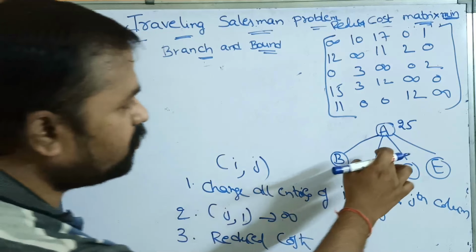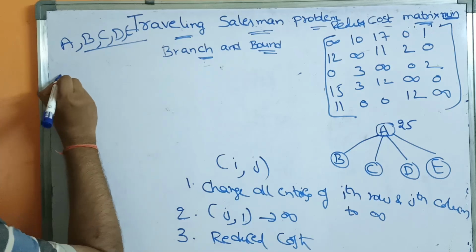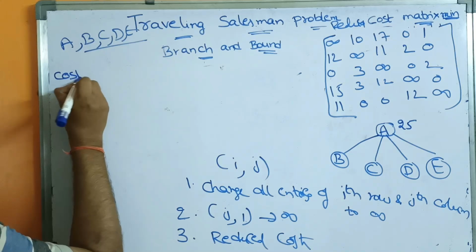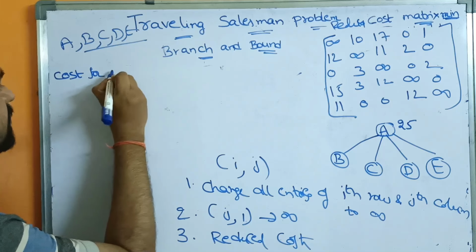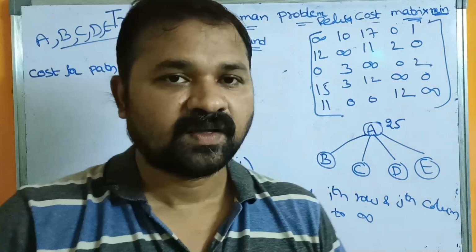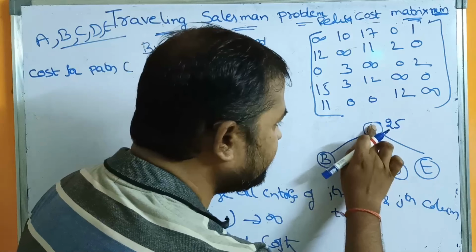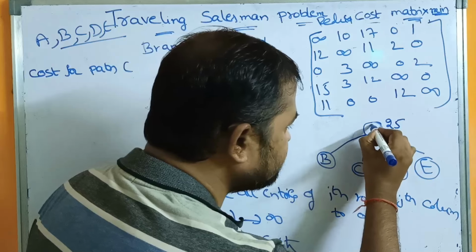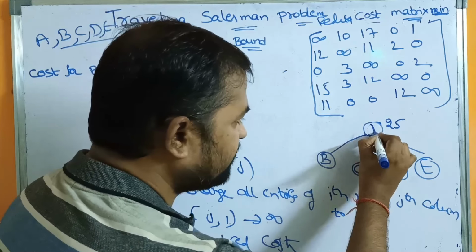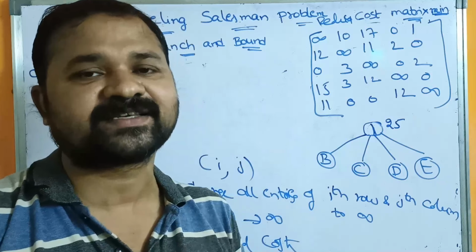So let us find out the cost from A to B. Cost for path A comma B. Here instead of A, B, C, D, E, let us assume that the starting vertex is 1. From vertex 1, we need to visit all the remaining vertices exactly once.